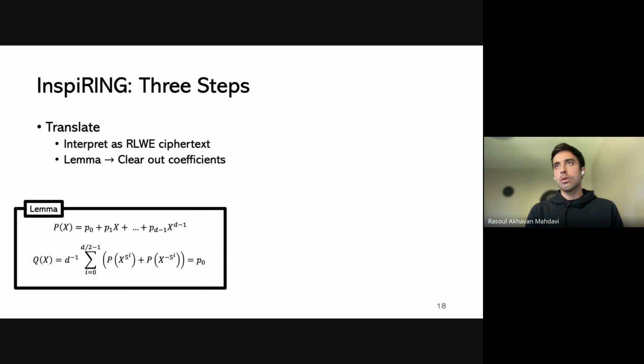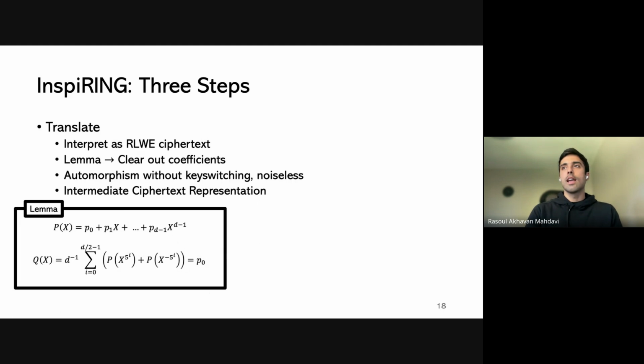But the problem is we want to do it a little bit differently and not perform the necessary key switchings that are required when you're doing automorphisms. The consequence of this is that we'll end up with ciphertexts that are in this intermediate representation. As you know, when you do a key switching, when you do an automorphism, it introduces an additional secret key term that if you don't get rid of, you'll have to work with.